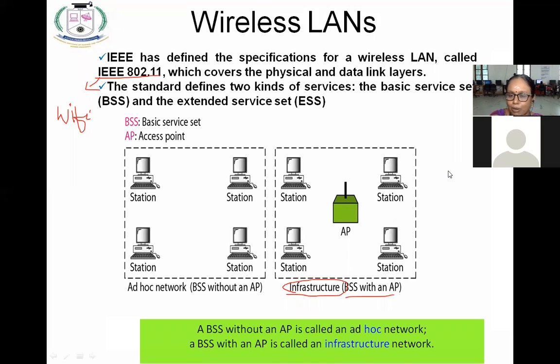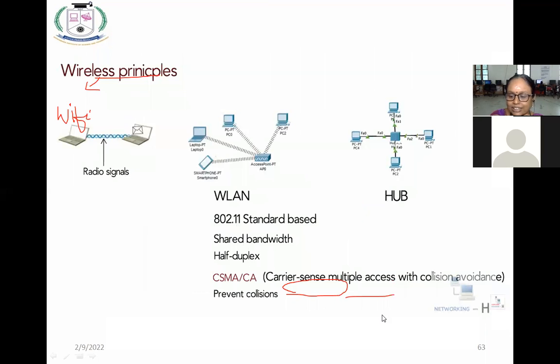Now I will explain how BSS and ESS are used in day-to-day applications. Take this example. With two wired systems, we all know we are communicating between the two. If it is wireless, how do I transfer my data from one system to another? Through the air, through radio signals.